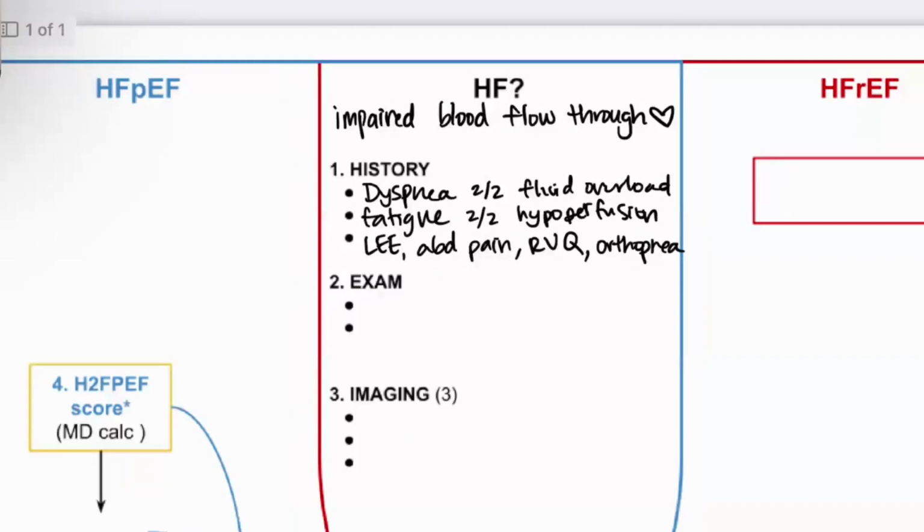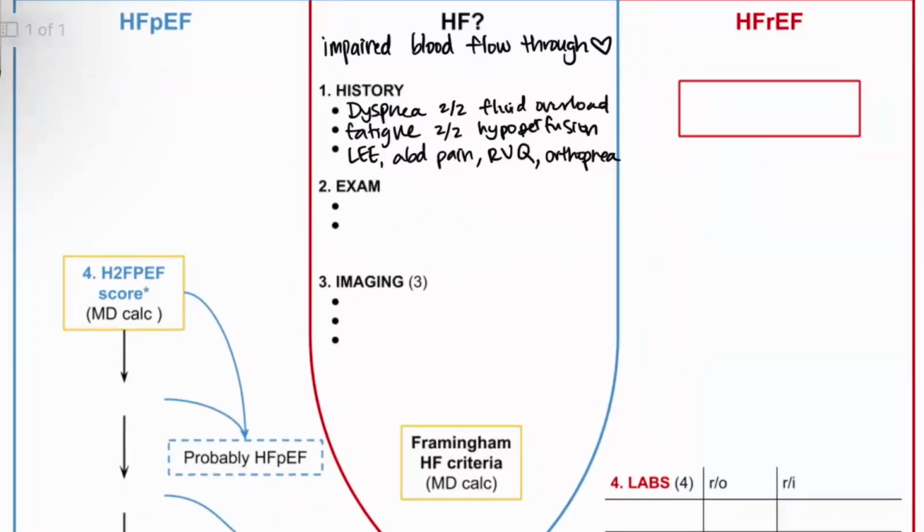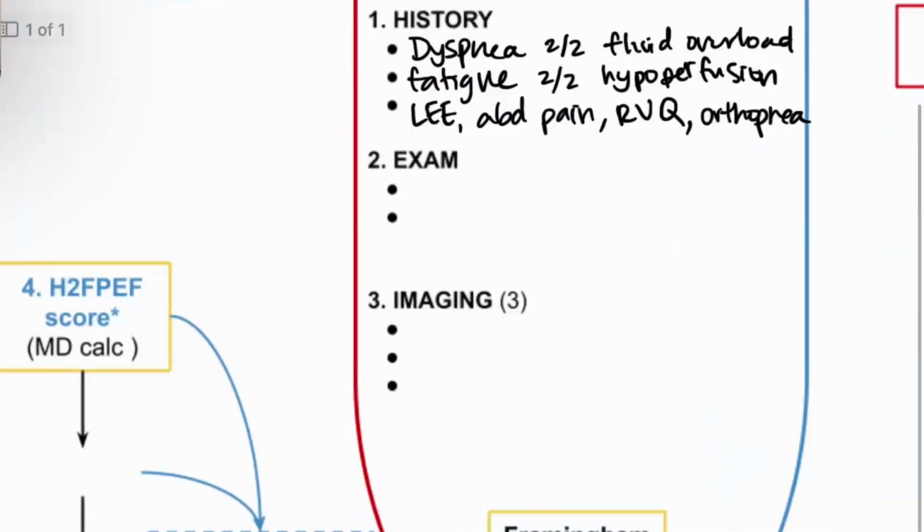Okay. And then on exam, what are some of the things that we're looking for? Well, things I like to look for, I break into two categories. The first being a volume exam. And then I also look at a cardiac exam.